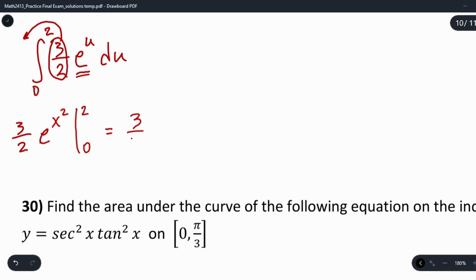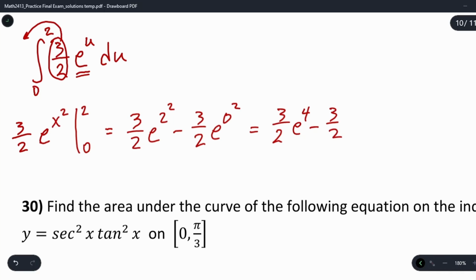And that's going to give us 3/2 e to the 2 squared minus 3/2 e to the 0 squared. Simplifying is going to give us 3/2 e to the 4th minus 3/2.